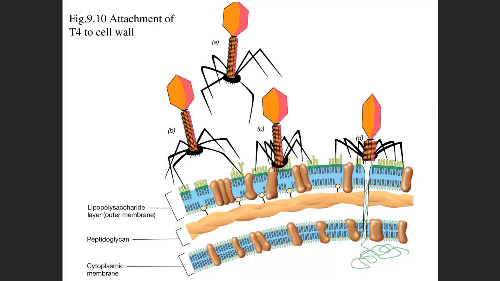For example, at stationary phase they stop making the phage receptor, and then they are resistant to the phage and cannot be killed.